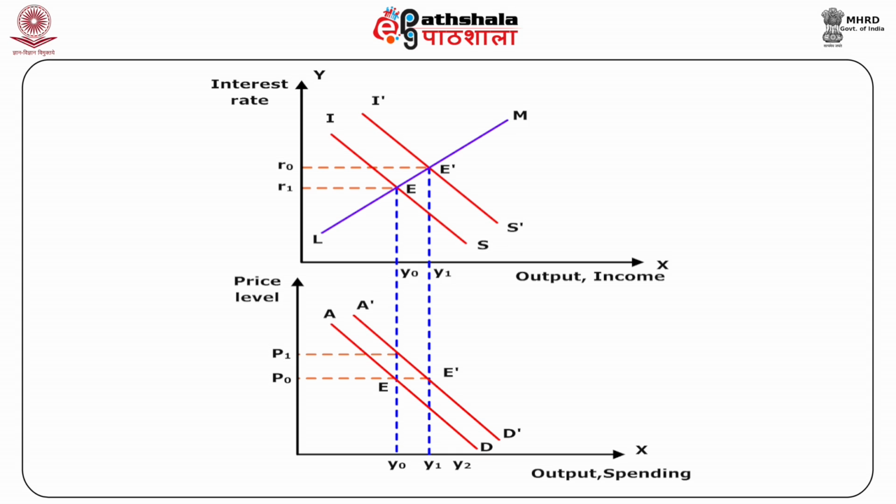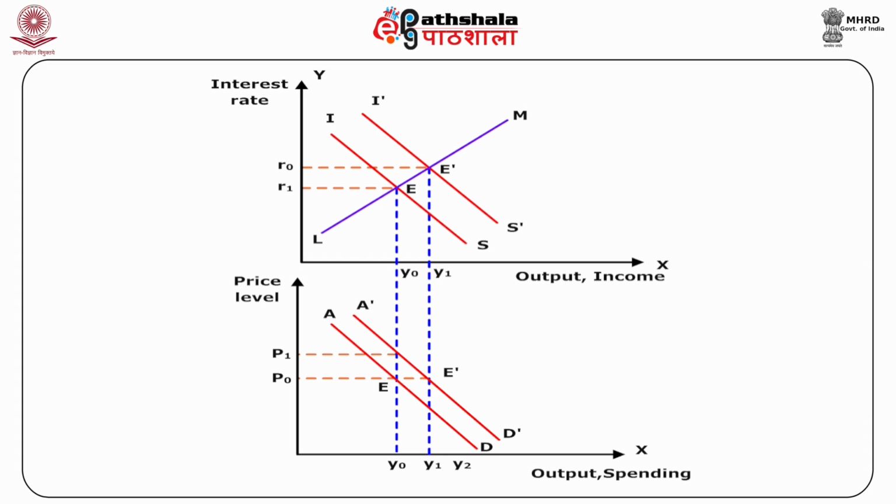If we look at the fifth quadrant as we have derived it in the beginning, and we extend the Y0 and Y1 levels of output by the dotted line into the fifth quadrant, we would notice that there is one aggregate demand function AD.